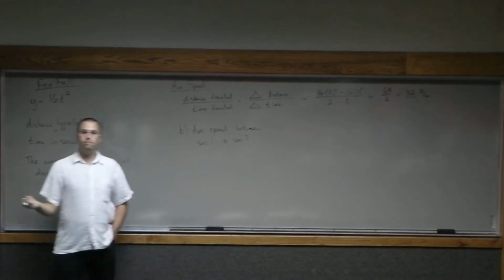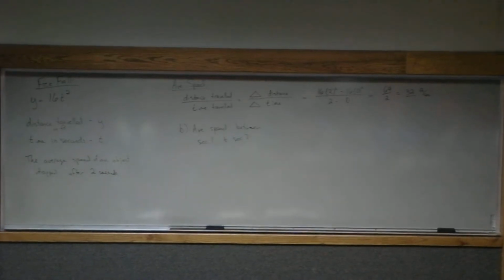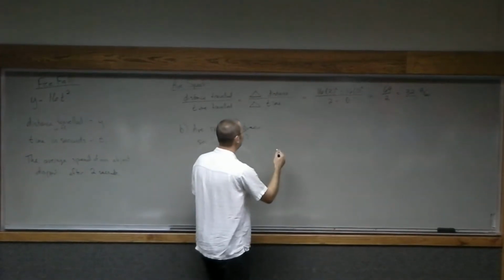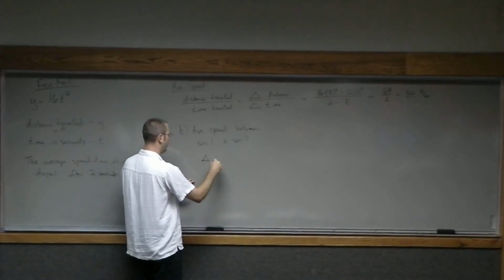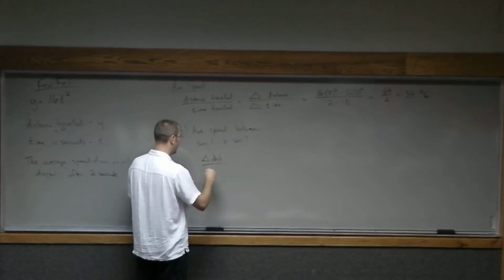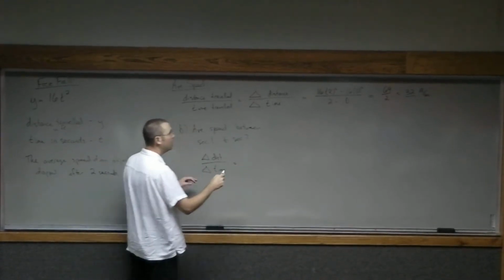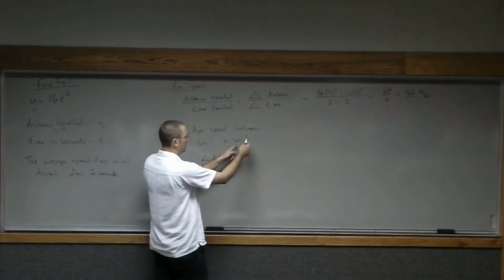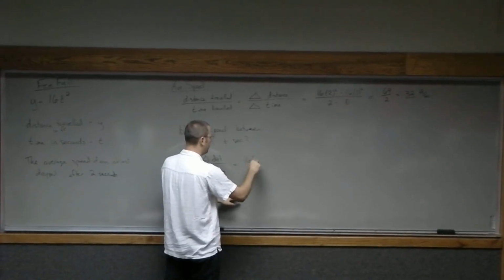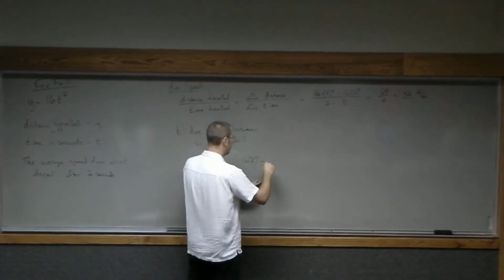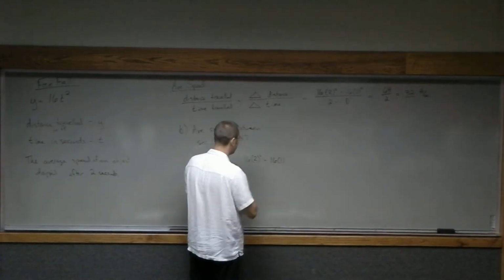How do I calculate that? Okay, so again, we're going to use this same change in distance over change in time expression. I'll take the 2 second part first, so 16 times 2 squared, minus how far it traveled after 1 second.